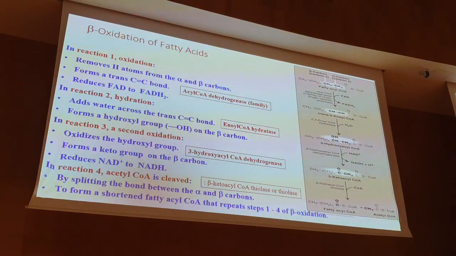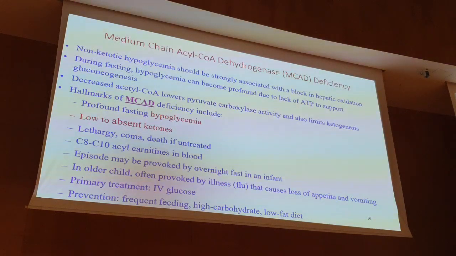You follow what I'm saying? And that's what I mean by a family. Now, why am I telling you this? Because people who do not have medium chain acyl dehydrogenase or acyl-CoA dehydrogenase.